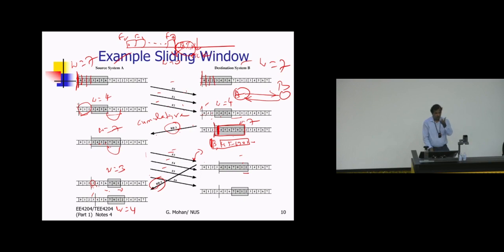So it's only one acknowledgement frame, and the sequence number will indicate 3. That means the receiver is ready to receive frame 3 onwards. Implicitly, it is acknowledging frame 2, 1, 0, all the previous frames. That's possible. Okay?